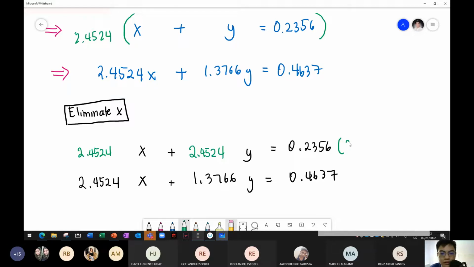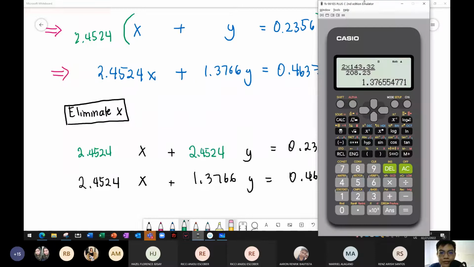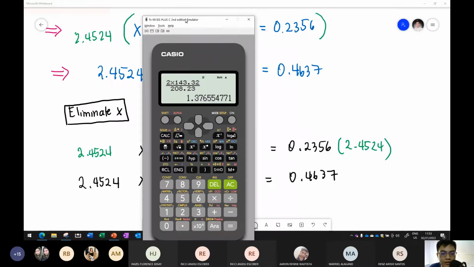This one, multiply ko rin by 2.4524. So this times this, calculate muna natin. Multiply natin yan. Again, kapag minultiply mo yung x ng 2.4524, lahat sila i-multiply mo by 2.4524. Yung nasa right side, so that's 0.2356 times 2.4524.